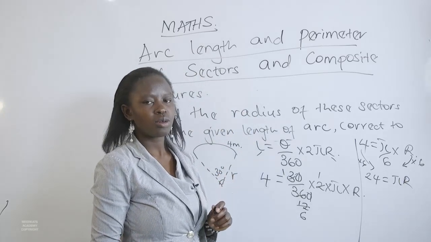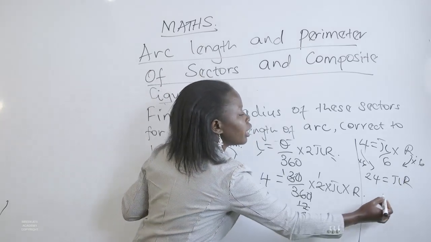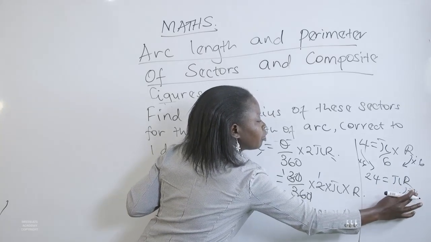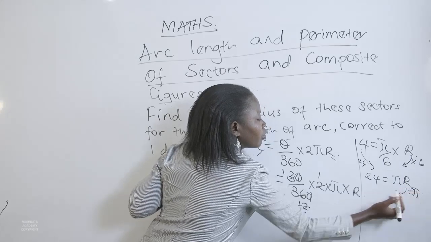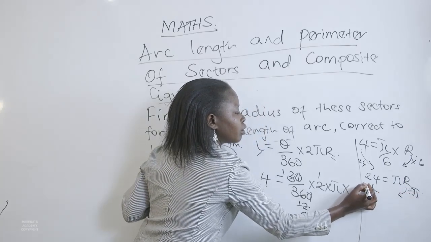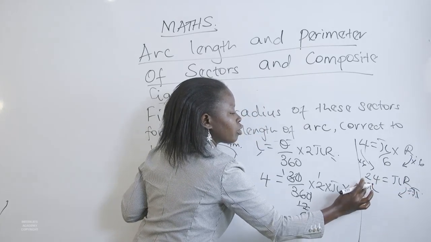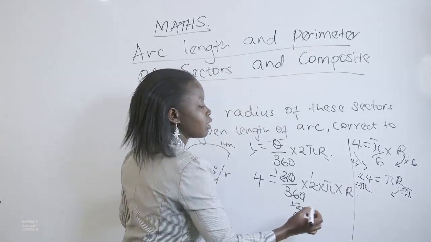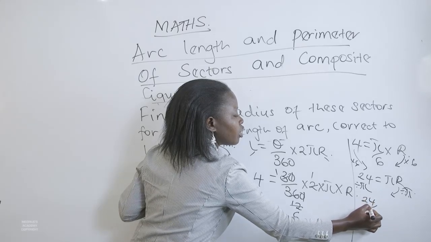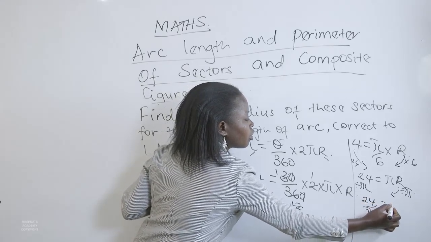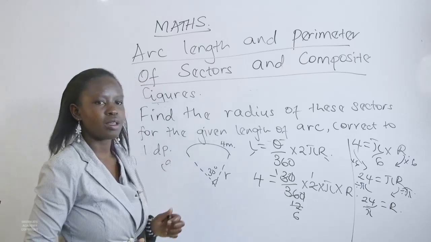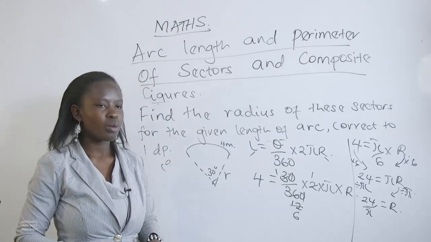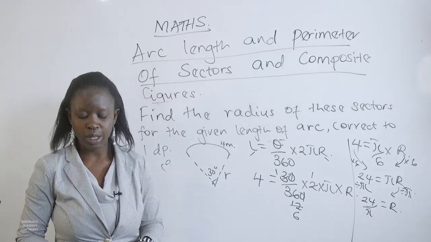Then next we need to get the value of r, so divide by pi. So divide both sides by pi, so that 24 divided by pi will give us the value of our radius. From our calculators, let us find out what is 24 divided by pi.